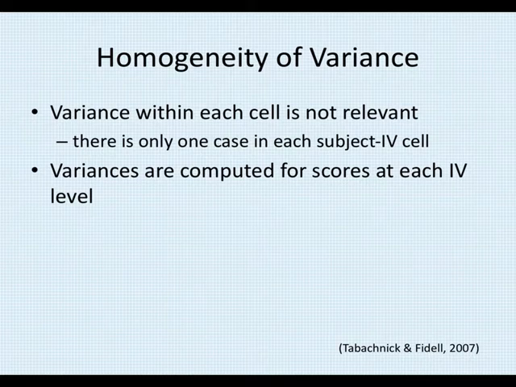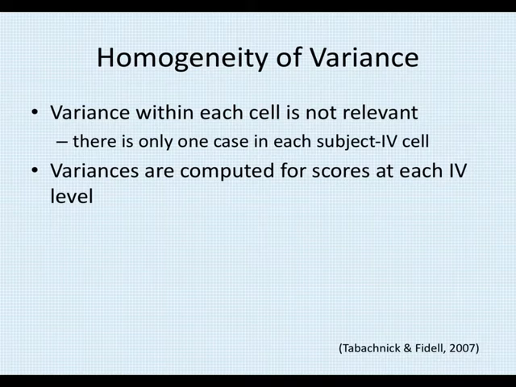And similarly, homogeneity of variance. If we were to split this into cells, these each are a cell in itself. So what we're going to test instead for homogeneity of variance is the variance of the IVs. So the IV at the different levels. So time 1, time 2, time 3.